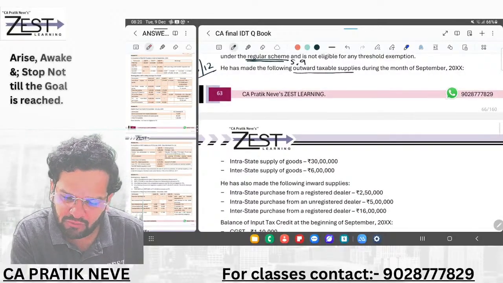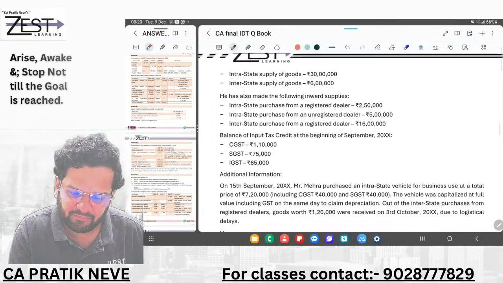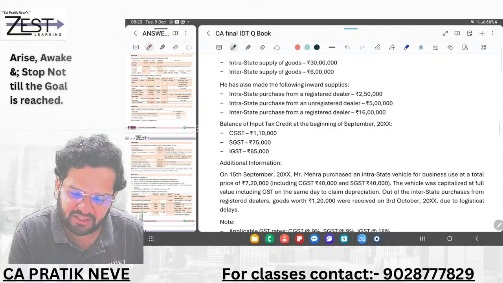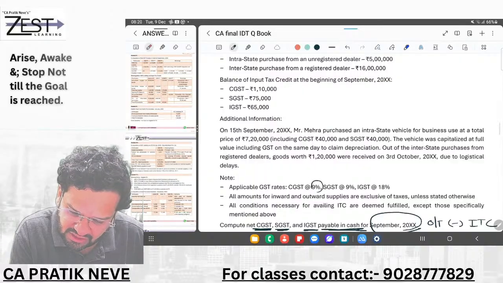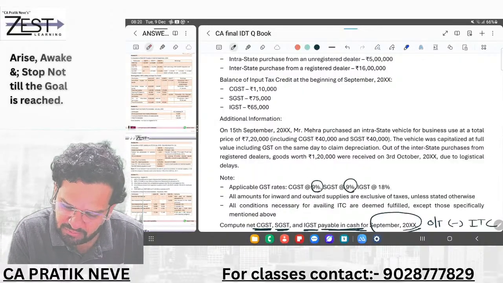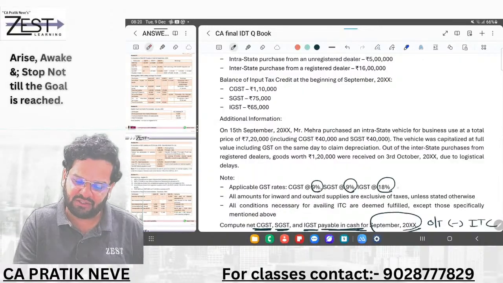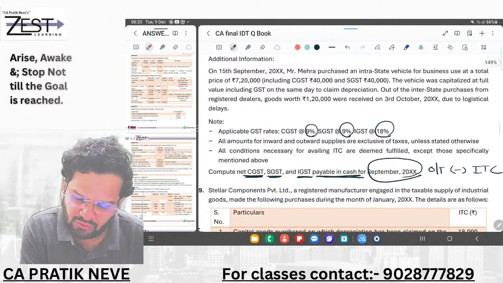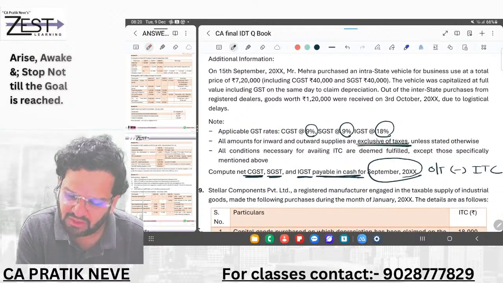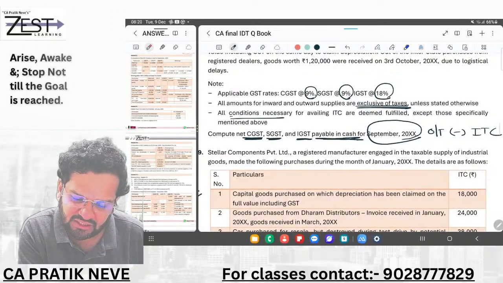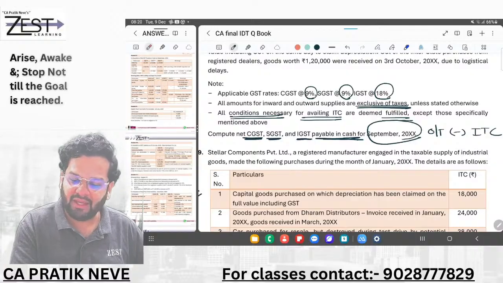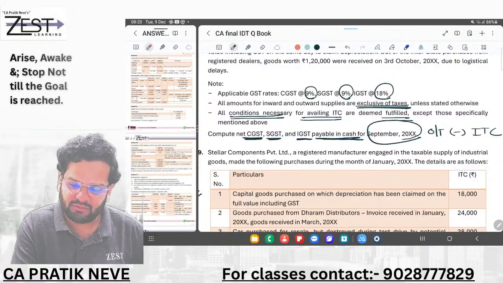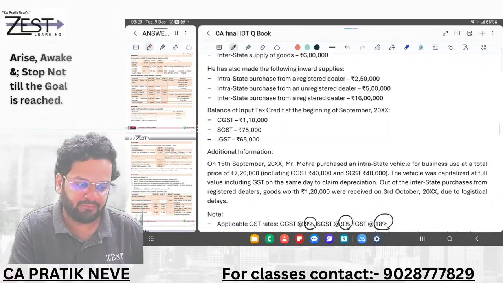See, he has made following outward taxable supplies. Intrastate supplies of 30 lakhs. Now friends, CGST is 9%, SGST is 9%, IGST is 18%. All amounts of inward and outward supply exclusive of taxes and conditions necessary for availing ITC are fulfilled, except those specifically mentioned above.